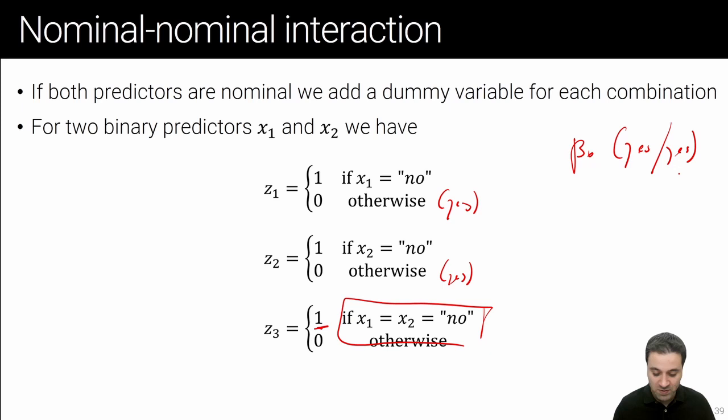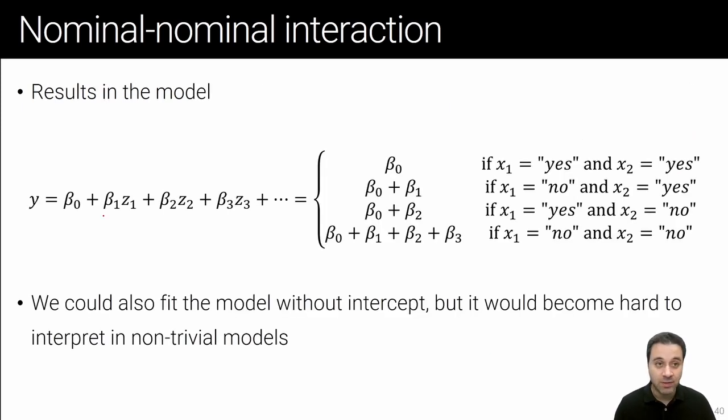Let me show you specifically. So this would result in this model, the intercept beta 0 plus all the three dummy variables with their corresponding coefficients. And this would, again, be split into these four different models depending on the values of the predictors.